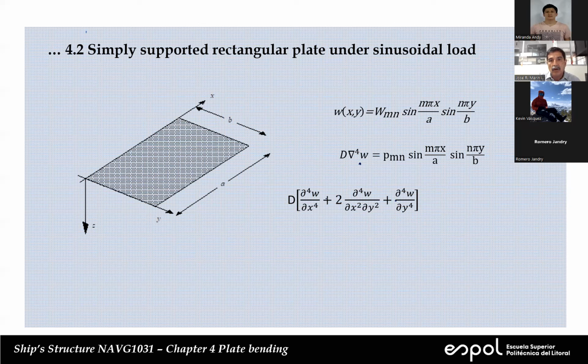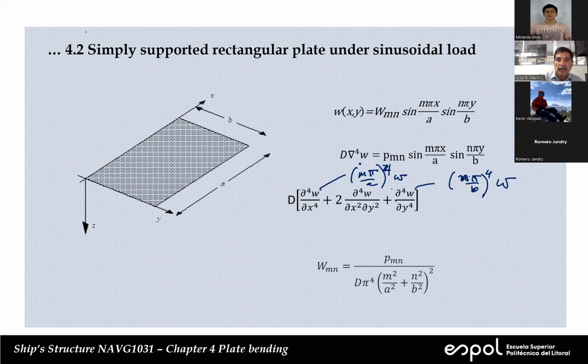So this here is equal to m pi over a to the 4th, and the same w. This one here is equal to n pi over b to the 4th and w, and similarly for this one here. So after we replace, we can eliminate sine from both sides, and then we get wmn.